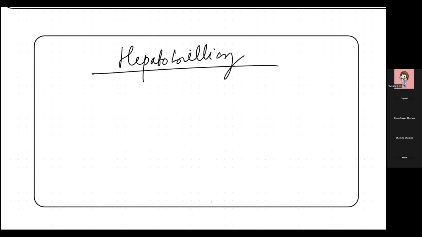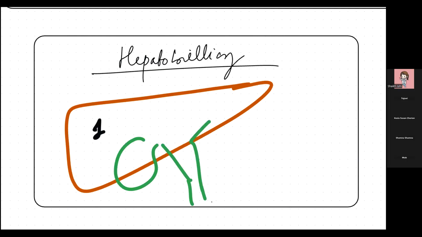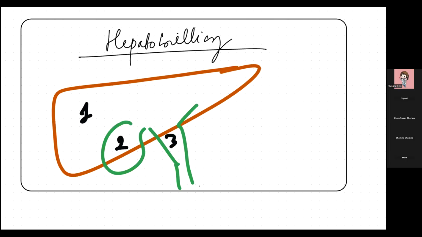This hepatobiliary part will have the liver, the bile ducts, and the gallbladder. These three are the basic parts, isn't it? So here, let's suppose this is your liver, and this is the gallbladder and the bile duct. All the diseases coming under these three things we'll be studying in this particular session.